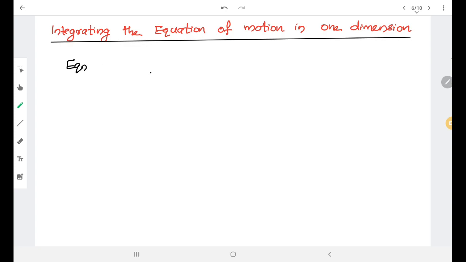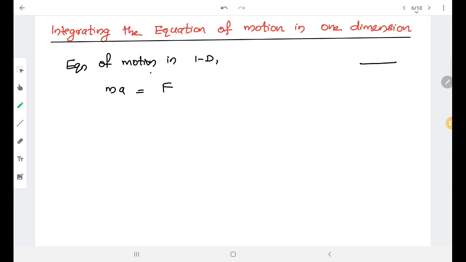We can represent the equation of motion in one dimension as F equal to ma. Here we are dealing with only one dimension, so the acceleration has only one component.